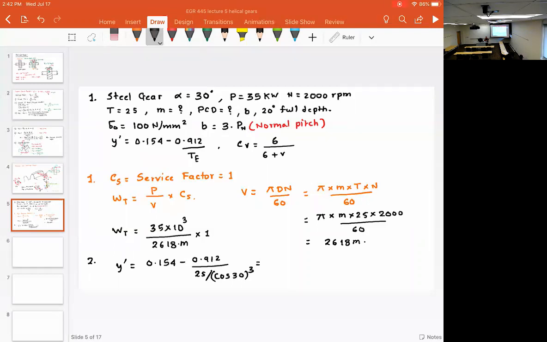In the case of helical gear, we use the equivalent number of teeth, which is Te, and Te is equal to T divided by cosine alpha cube, where alpha is the helix angle. Does it make sense? So tell me, what is the value of y prime?